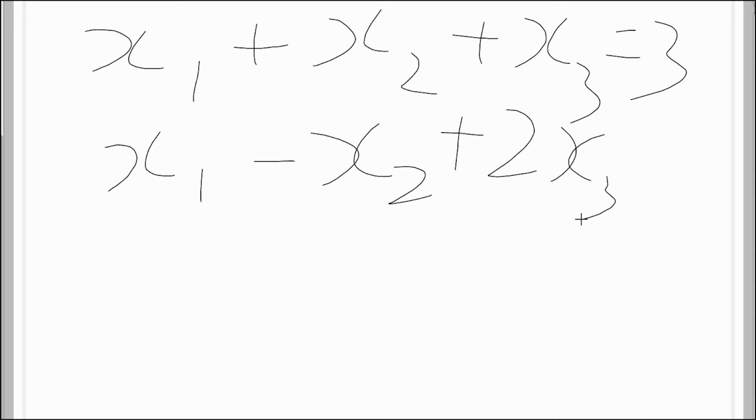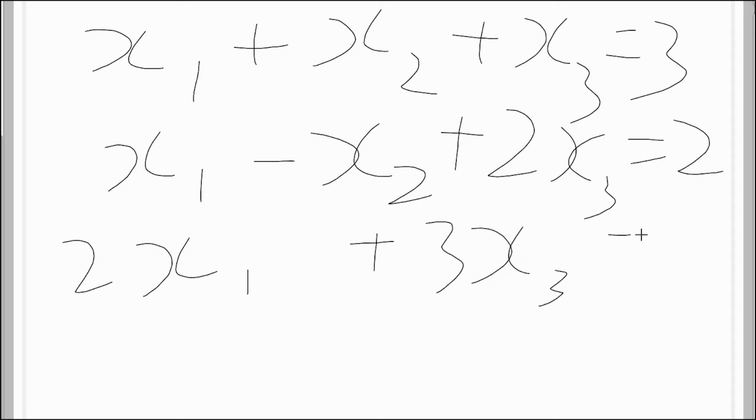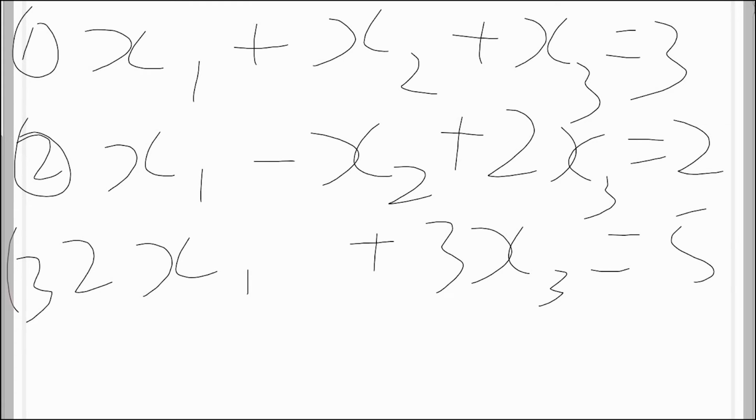Don't mind me, the equations look like one another, but they are not the same actually. Then 2x1 plus 3x3 is equal to 5. Actually, if you check this well, if you add equation 1 plus equation 2, it will give you equation 3. That's x1 plus x1 will give you 2x1. x2 minus x2 will give you 0x2. Then x3 plus 2x3 will give you 3x3. Then 3 plus 2 will give us 5. That's where the difference happened.